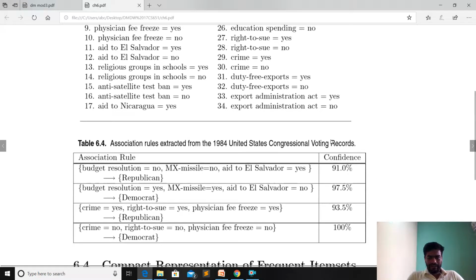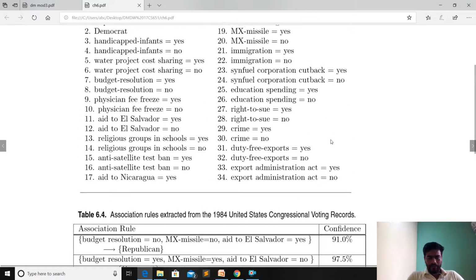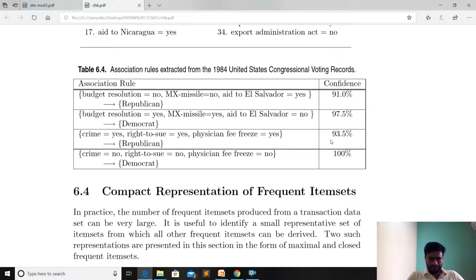This is based on the voting done during 1984 in the United States Congress. So, budget resolution no, MX missile no, aid to El Salvador yes, all belong to Republican, with a confidence of 91%. Budget resolution yes, MX missile yes and El Salvador no belong to Democrat with 97.5%.